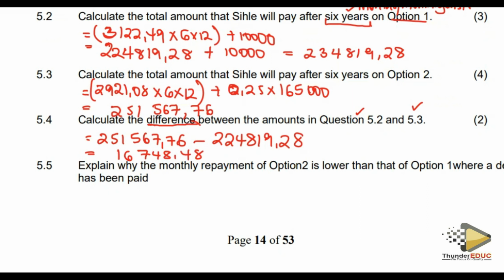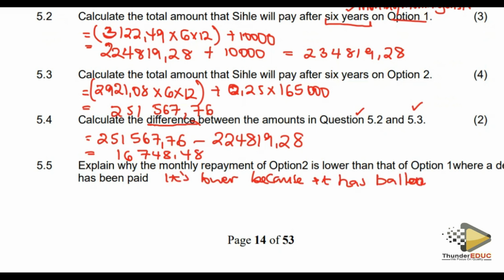Then they say explain the monthly repayment of option 2. Explain why the monthly repayment of option 2 is lower than the option 1 where deposit has been paid. I believe it's lower because it has the balloon.